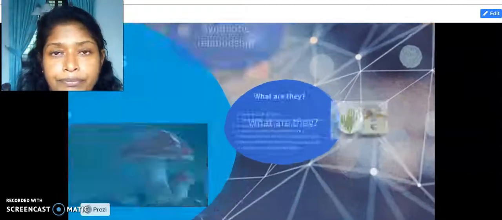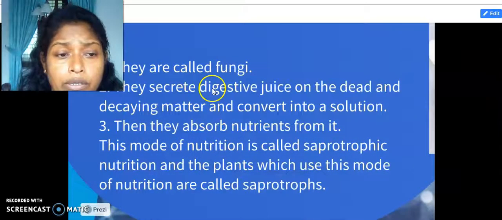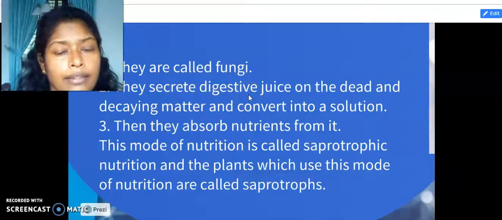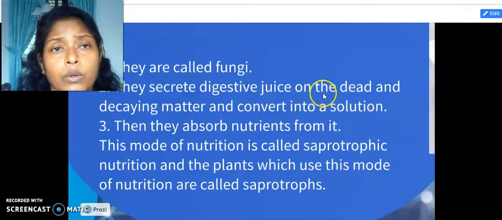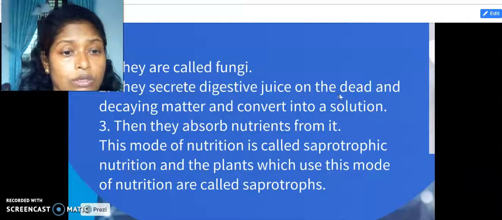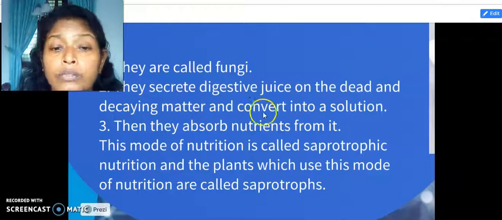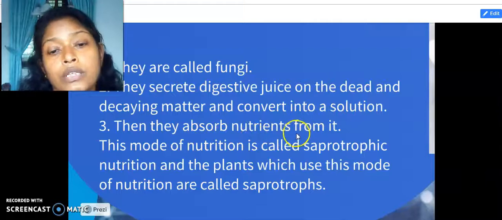So what are they? They come under the group called fungi, and they secrete some juice outside their body, and they grow especially during the rainy season. They grow on dead and decaying matter, or places where dead leaves are present, and they secrete their juices, and these juices digest the dead, decaying material and convert it into a solution, and this solution is absorbed into their body.